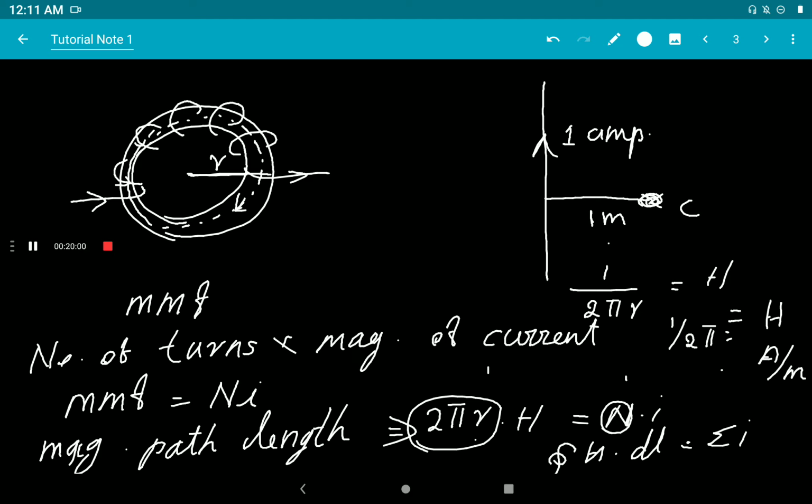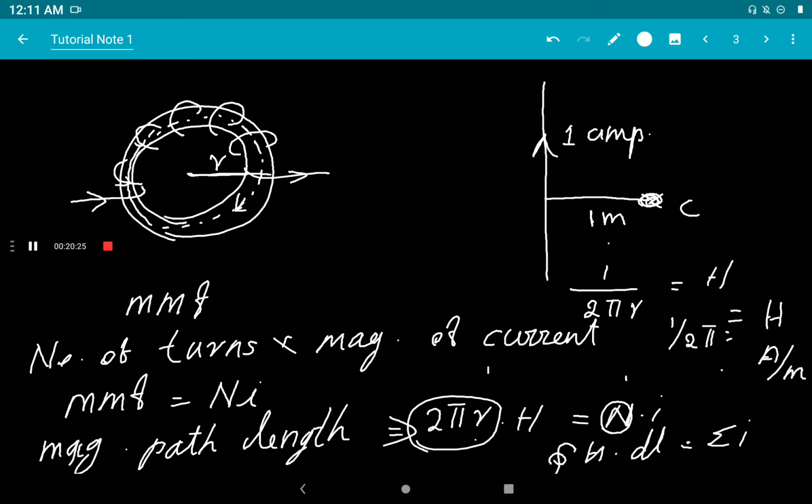How do you get that? From the equation 2 pi r h is equal to Ni, which is the equation for MMF, you can write I by 2 pi r is equal to h. Here you are considering an infinite length conductor, a single conductor.